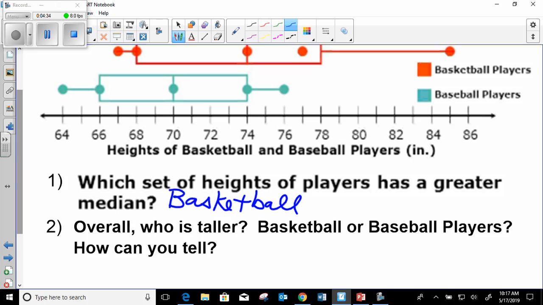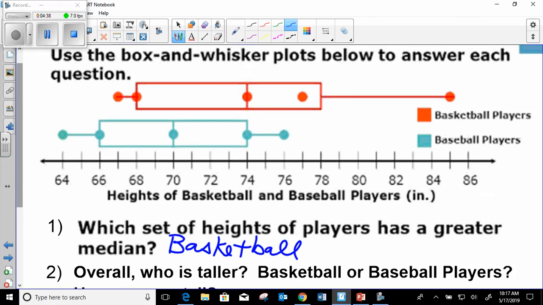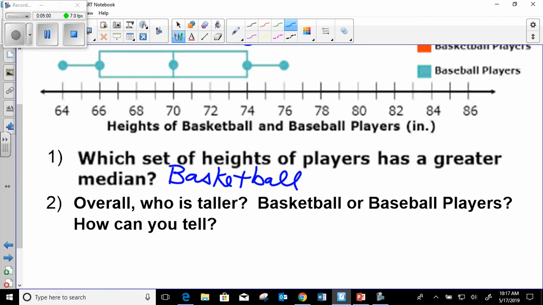Okay, so look at the median. The median is higher. Do you see that? The median is higher. The upper extreme is much higher. And the lower extreme is much higher. Would you agree? So this one I would write basketball.